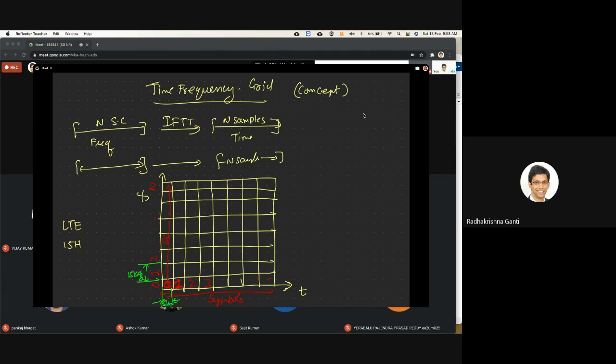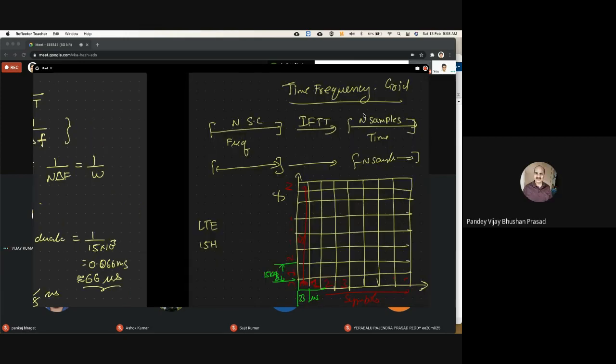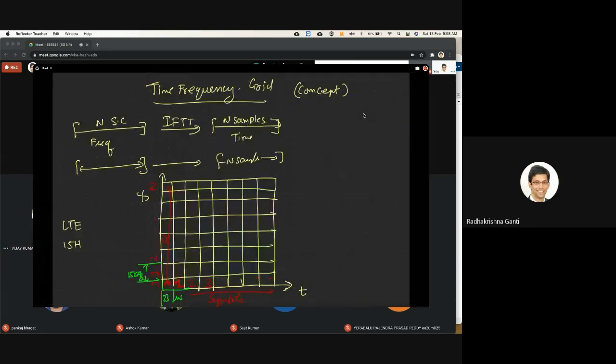Maybe I'll write this properly. Okay, so this gap is 33 microseconds. 66 microseconds, sir, for 15 kilohertz? Oh, sorry, 66 microseconds. It will be 66 microseconds. It's not like this is just 1 by n of 66. The whole thing is interpreted as 66 microseconds.